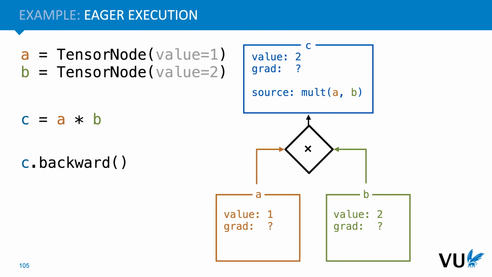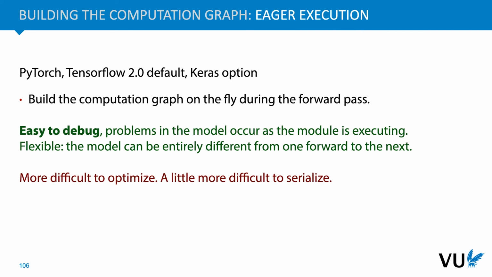The system runs the backpropagation algorithm, computing the various gradients, and at this point, these gradients are used for a gradient update step, and the whole computation graph is deleted. Once we have our gradient update steps, we clear the computation graph and we rebuild it from scratch for the next forward pass. This is called eager execution.